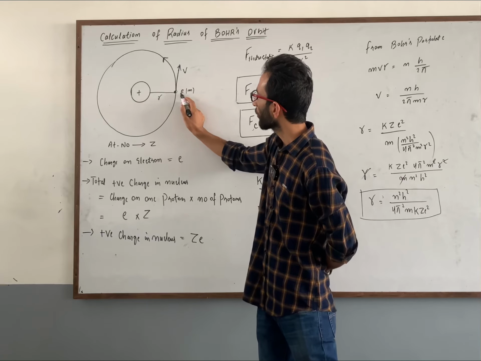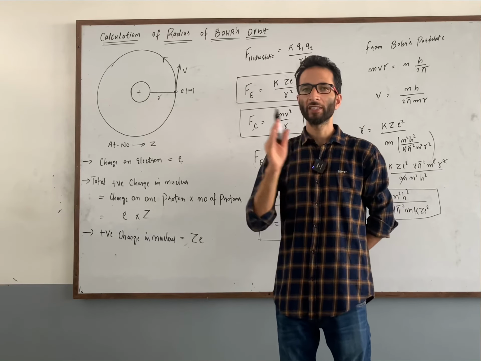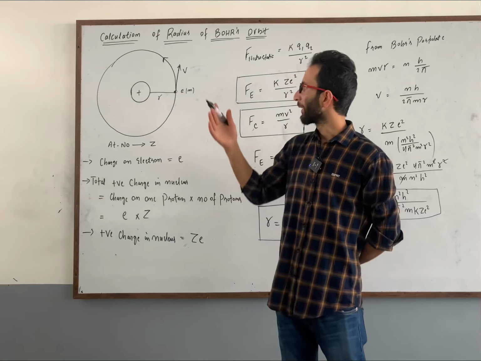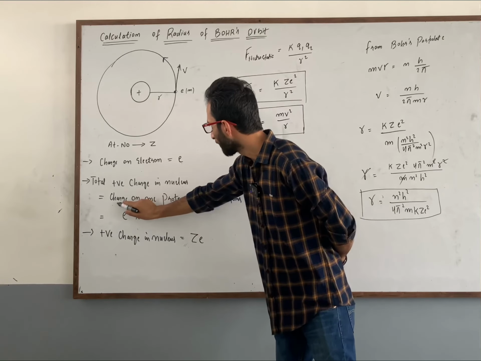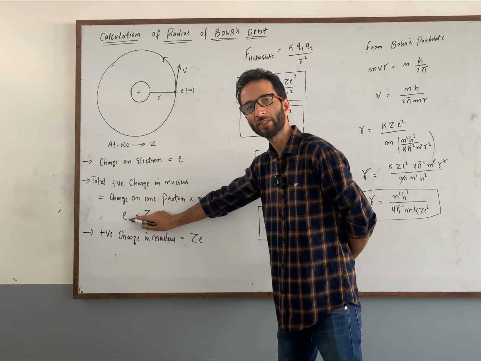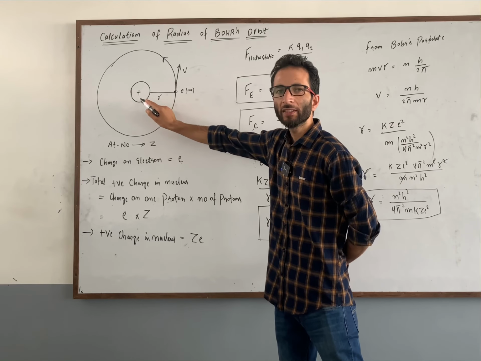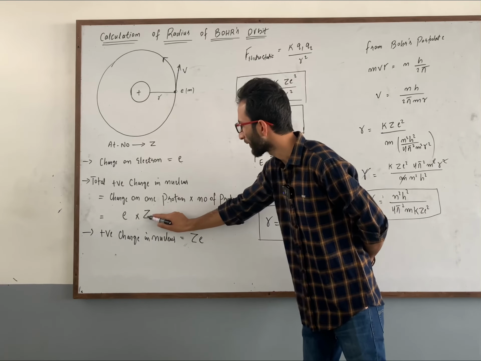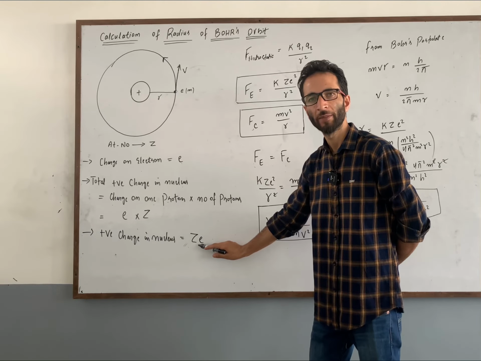Electron and proton both have the same magnitude of charge, that is 1.6 times 10 raised to power minus 19 coulomb, although the nature is different. So in place of the charge of one proton we can use the charge of the electron. Also, the number of protons in an atom is always equal to the atomic number, so in place of the number of protons we can use Z. So the total positive charge in the nucleus will be equal to Z times e.